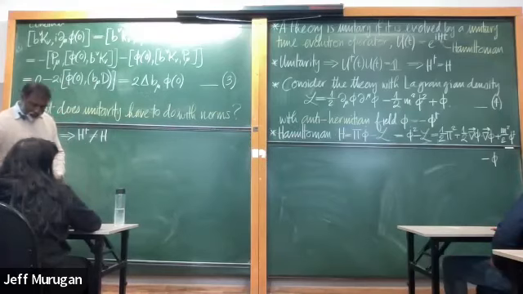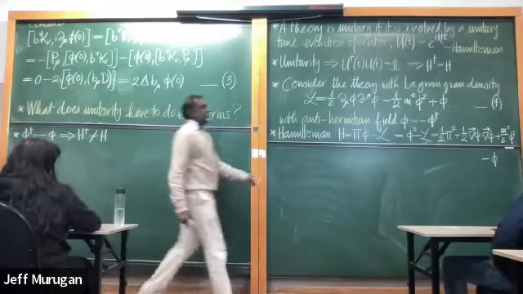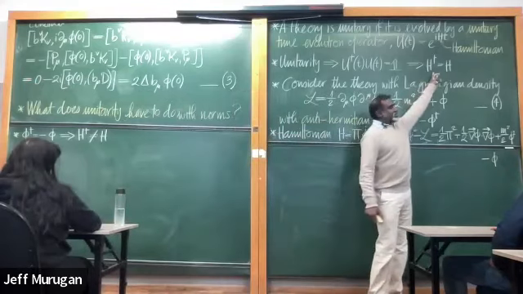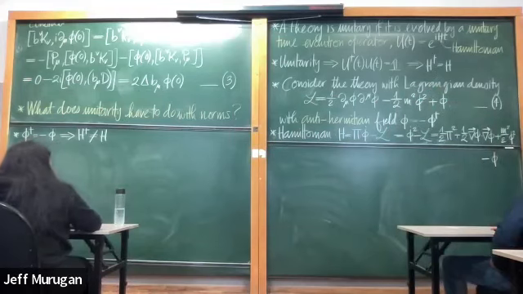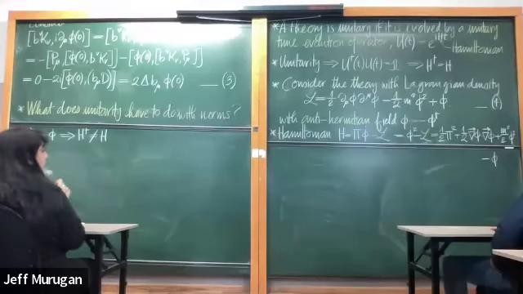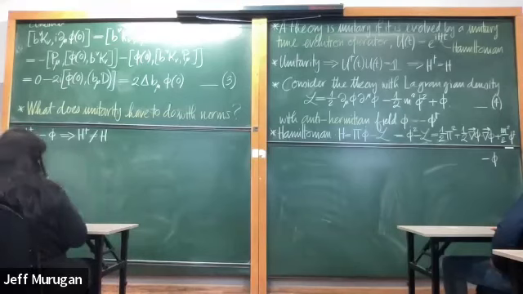So how big a problem is this? Well, when you first learned about hermiticity, you learned it in the context of linear algebra. I gave you some matrix, and I said, if you want to take the Hermitian conjugate of this matrix, you transpose it, and you complex conjugate all entries. All right.